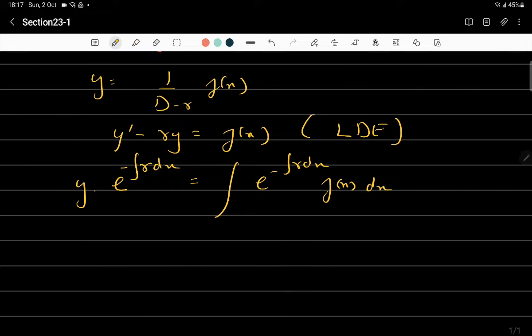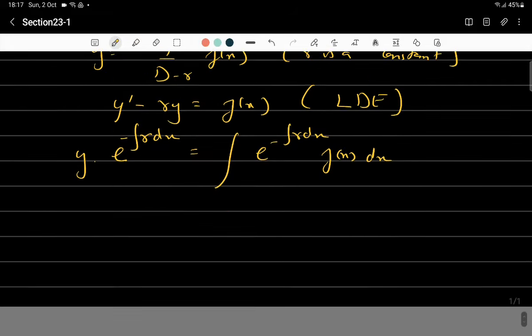Now r is a constant. Since r is a constant, when we write down the auxiliary equation, you can see that we write it in the form m minus 2, m minus 1. Similarly we can write D square minus 3D plus 2 as D minus 2, D minus 1. That's why r is a constant.